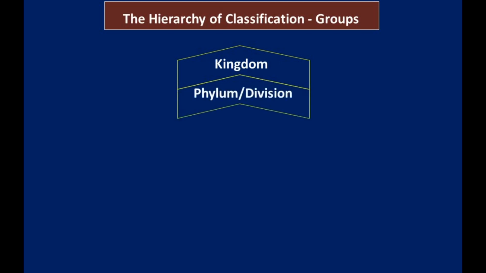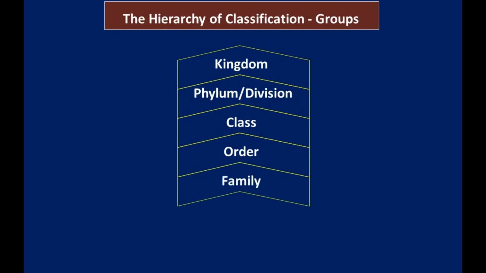Hierarchy of classification, that is the groups. अभी हमने जो देखा था, topmost hierarchy of classification is the kingdom. Kingdom is further divided into phylum and division. These phylum and divisions are further divided into class. Each class is further divided into order. Orders are divided into family.